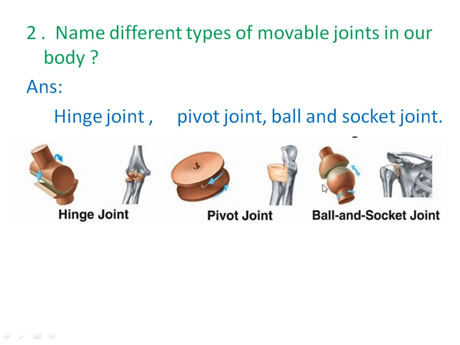These joints allow movements in any direction. For example, the hip and the shoulder joints are examples of this type of joints. This is all about the hinge joints, pivot joint, ball and socket joints. We call these all movable joints.